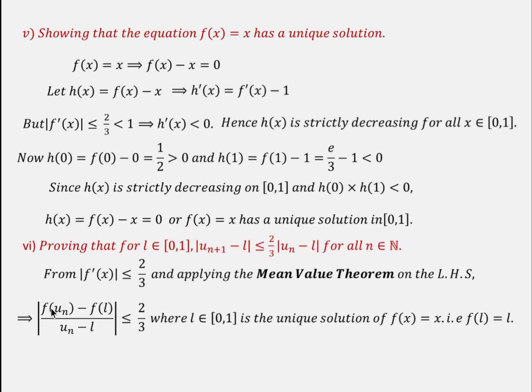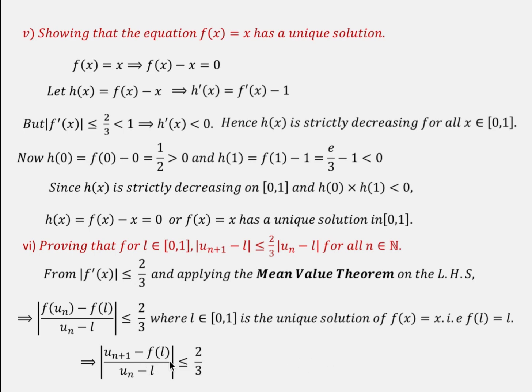Remember that f of un is equal to un plus 1, as we already saw in the previous part of the question. So we can proceed to replace f of un by un plus 1, as well as replacing f of L by L according to the fact that f of L is equal to L, which is the unique solution of the equation f of x equals x.